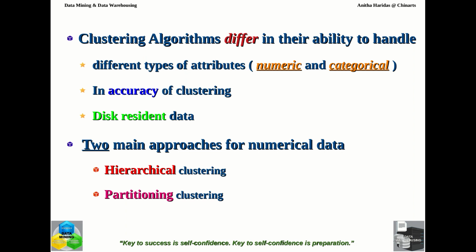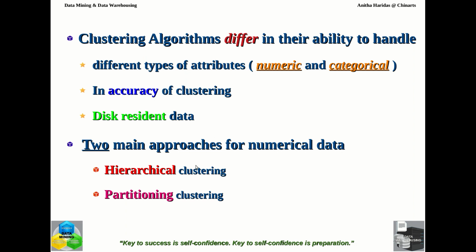So the large database may not be accommodated in the primary memory altogether, and generally this will be partitioned. So some data will be available in the primary memory and the rest of the data will be available in the secondary storage device, which is your disk. So how the clustering algorithm will be handling the disk resident data to group the collection of data objects.